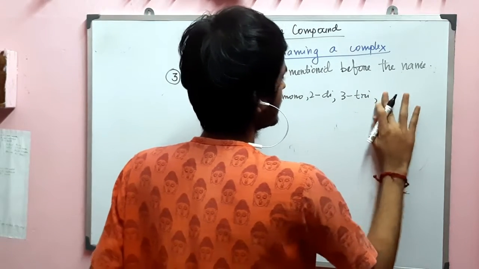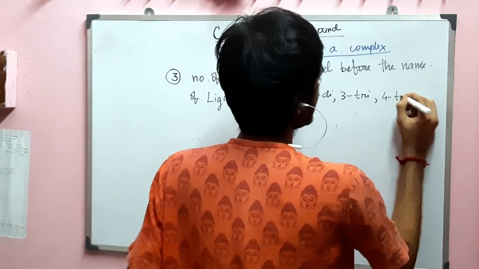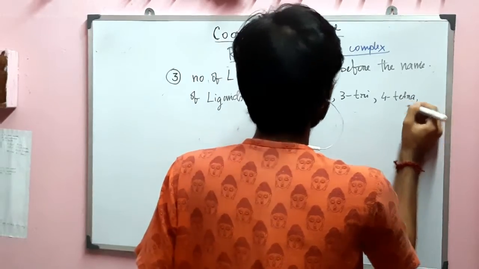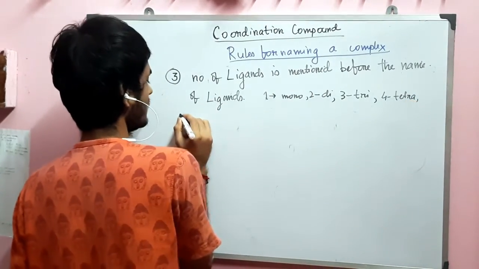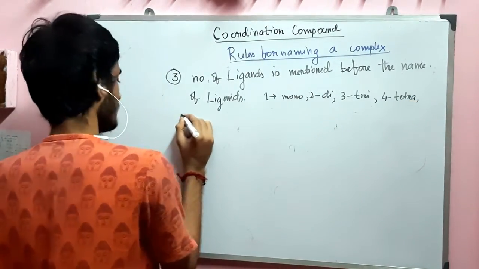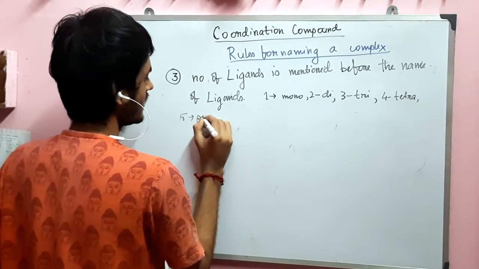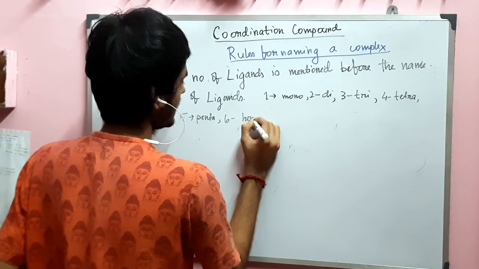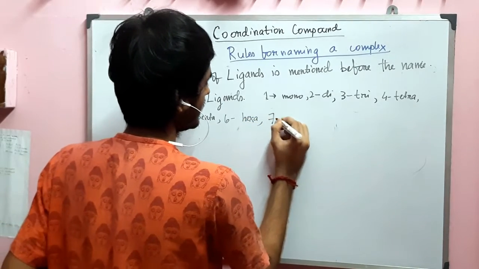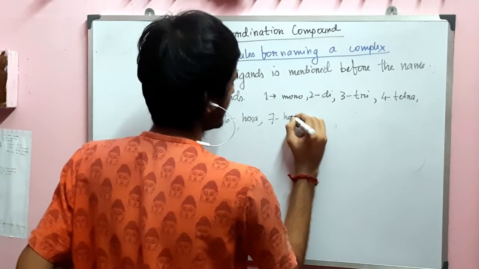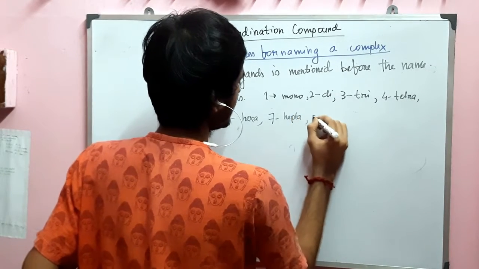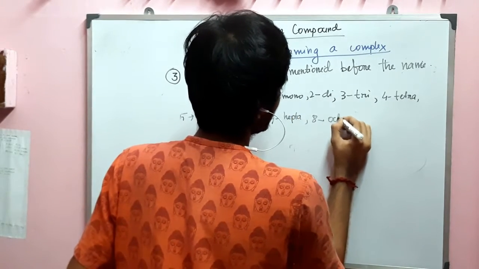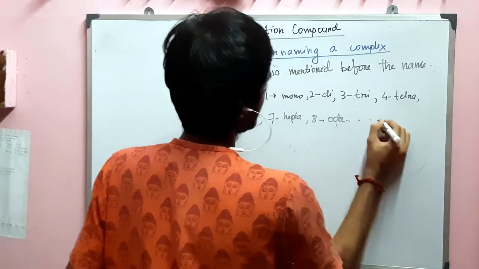If 4, then tetra. If 5, then penta, if 6 then hexa, if 7 then hepta, if 8 then octa, and so on.